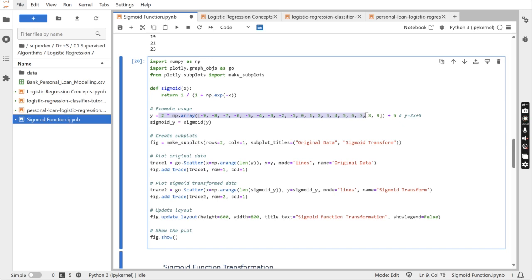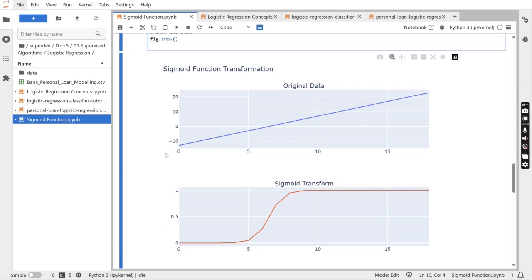In the equation I'm substituting the same values. Notice the equation is the same. This is the c value. I'm multiplying with 2 and passing it for different values of x, and I'm calculating the sigmoid y. So when I do that, notice this equation, the straight line that was there, now got curved in the S form.